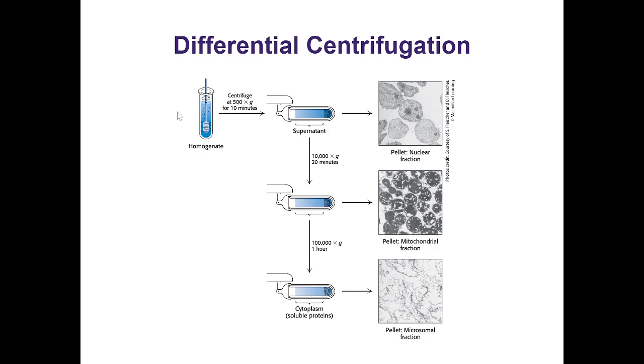So this right here is this entire process put together into nice figures and pictures of what you see. Here we are making the homogenate. Has everybody used one of these? It's a little plunger. No?